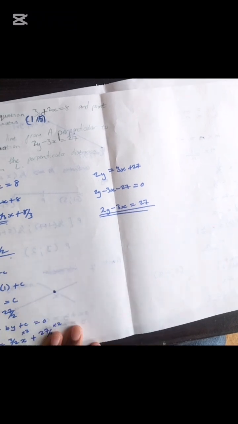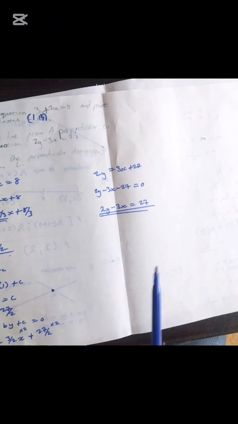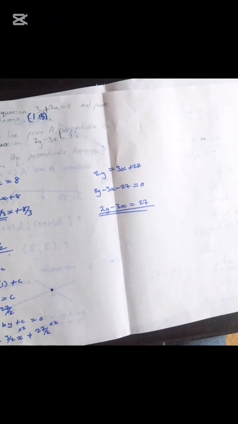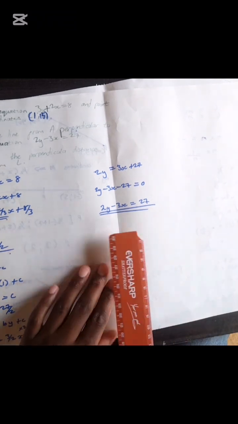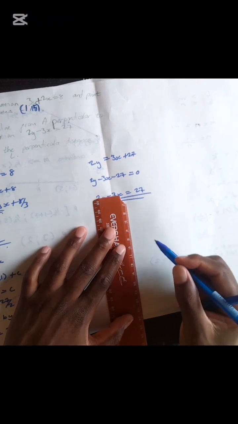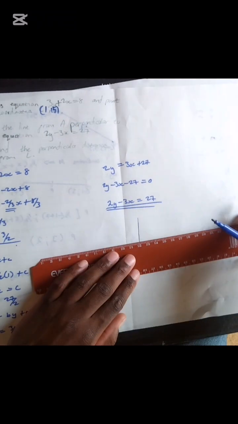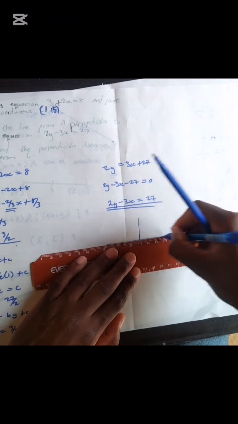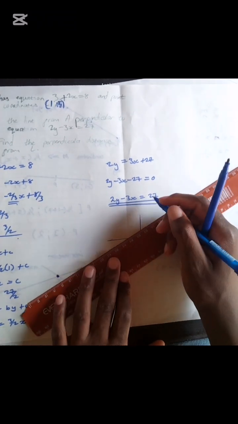And hence, the question said find the perpendicular distance of A from L. So, how do you find distance? Let me draw a simple sketch here to illustrate how we can find the distance between 2 points.